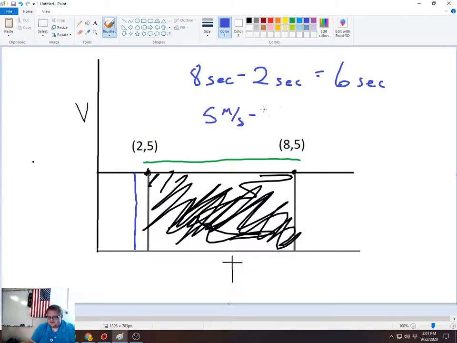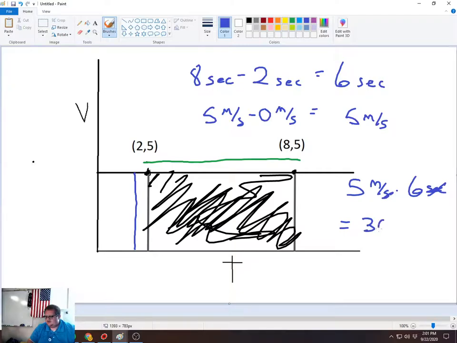So the area would be 5 meters per second times 6 seconds, and the seconds cancel. You'd have 30 meters, which is a unit of displacement.